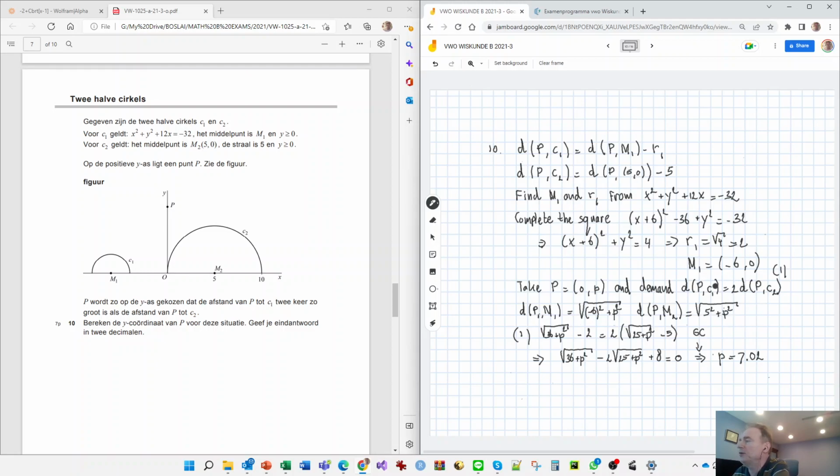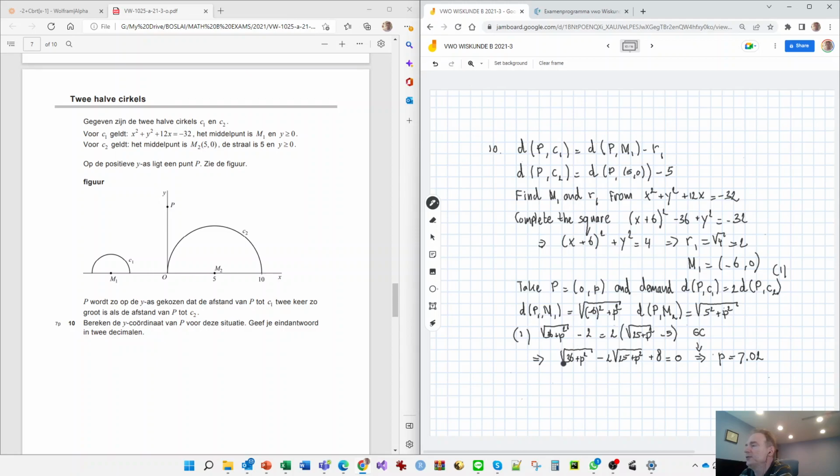And now we plug it in. So the square root of 36 plus p squared minus 2 is equal to this. And well, you can say bring everything to the left, and you can combine the constant terms here.